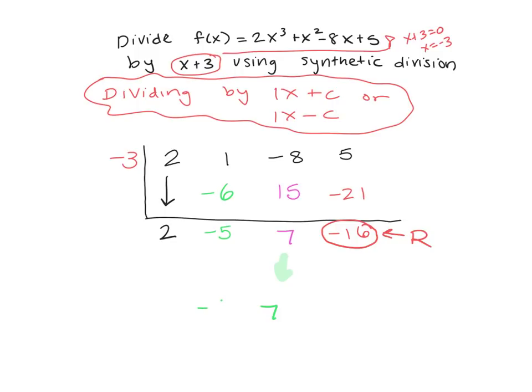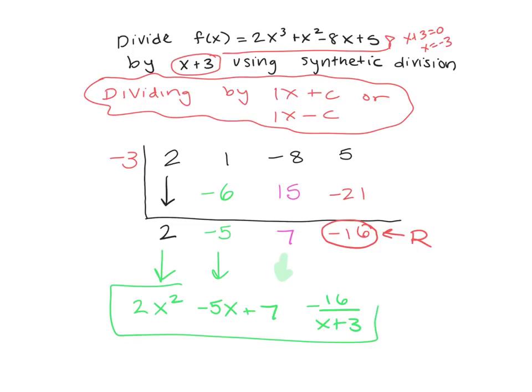Then we have -5x, because now we're going to increase our exponent by 1. And so that's our next term. And then we would have x squared. And our remainder, we always write over what we were dividing by. And that's our final answer.